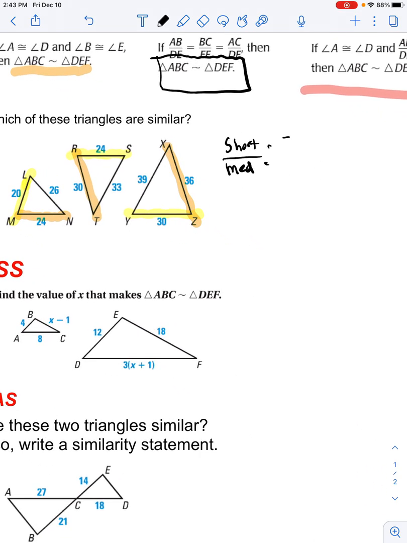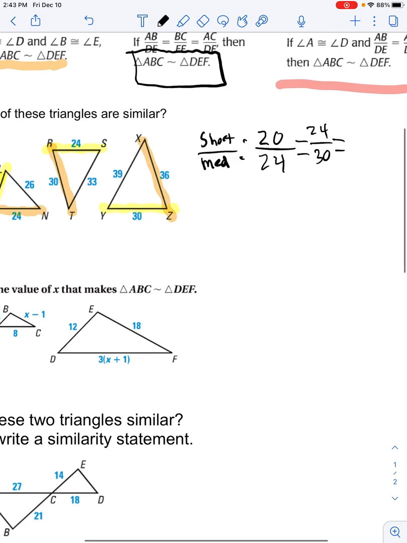So let's put that into some writing. Short over medium: LM is 20 over 24, equals 24 over 30, which equals 30 over 36. I'm going to simplify these down or just turn them into decimals. 20 over 24 is 0.833.